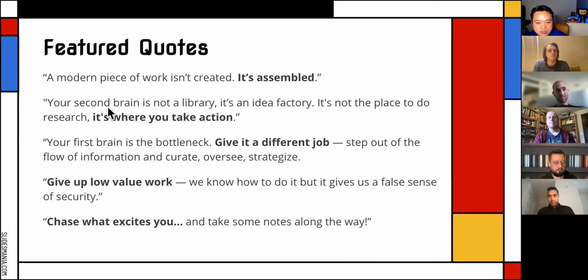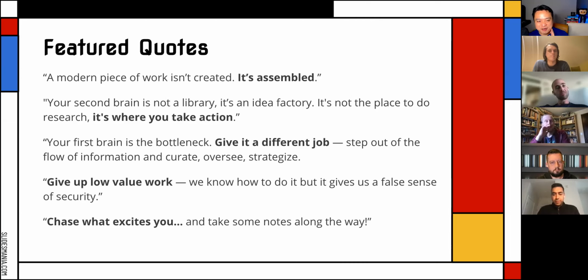Second quote: your second brain is not a library. It's an idea factory. It's not the place to do research. It's where you take action. Similarly, I think I'm still here. I don't want to say I've done everything that's been recommended. I definitely treat my second brain as a library. I look at the stuff that I read and I store stuff in the right place, like a digital librarian.